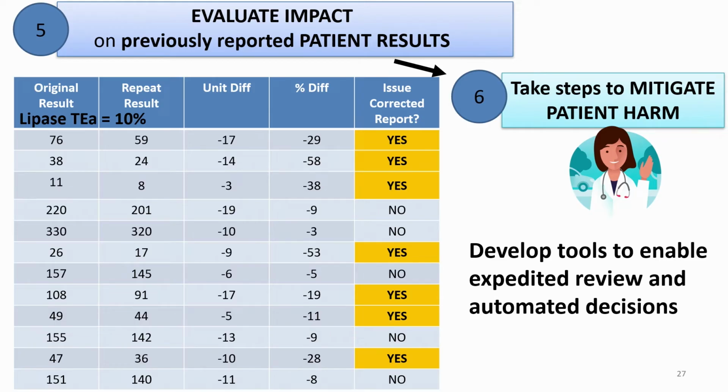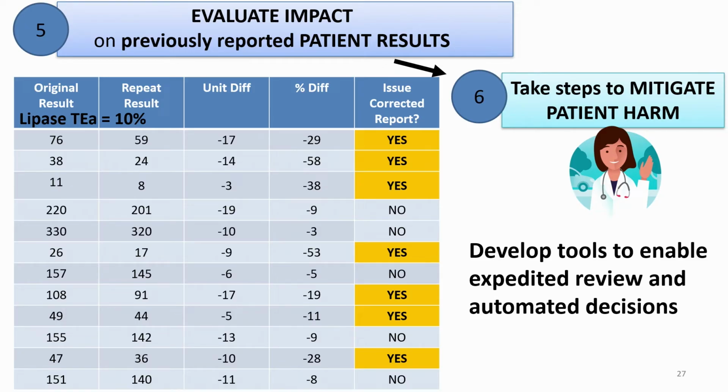And here, in the first column, the techs can put in their original result, and then they can enter the repeat result. The tool calculates the difference between the repeat and the original result and compares it against an allowable error. So for lipase here, I've set the allowable error to 10%.